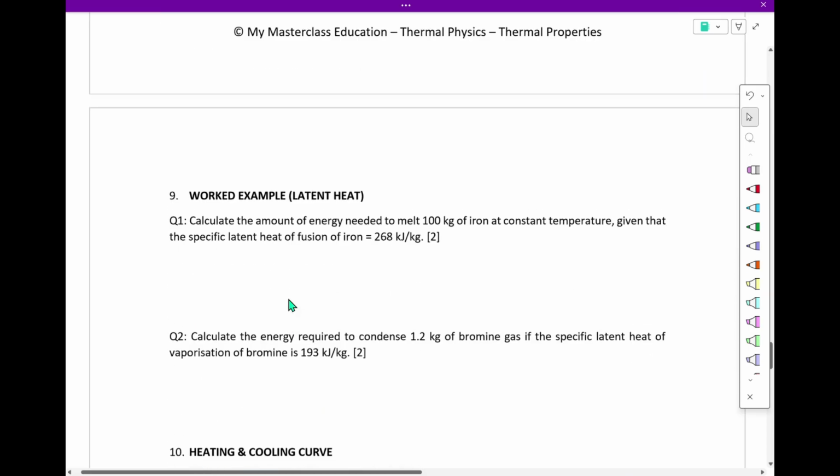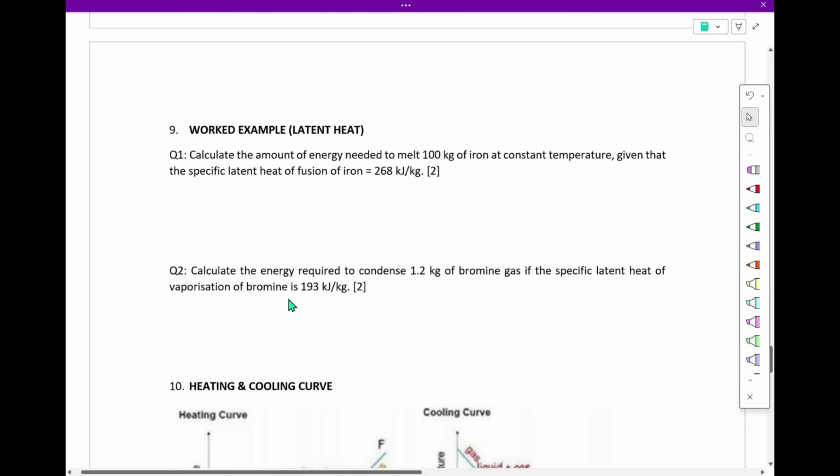Then let's talk about your calculations. Now let's talk about the amount of energy. So energy is Q already. You want to melt this amount of mass at constant temperature, and they give you specific latent heat. This is l. So we have l, we just use Q equals ml. What's m? 100. Now, to be careful, always double check what values they give you.